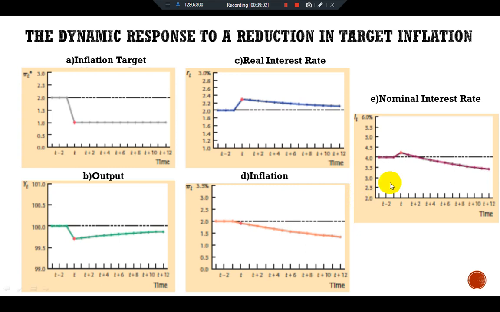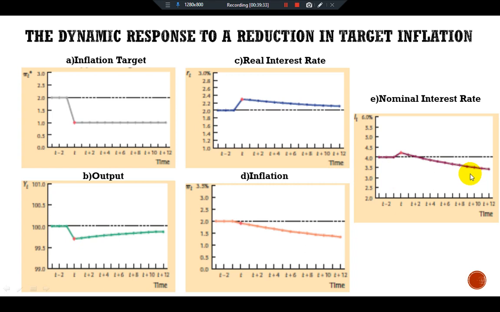Eventually, the nominal interest rate approaches its new long-run path of 3%. Here we have the new long-run nominal interest rate path at 3%. Thus, a shift towards a lower inflation target increases the nominal interest rate in the short run, but decreases it in the long run.